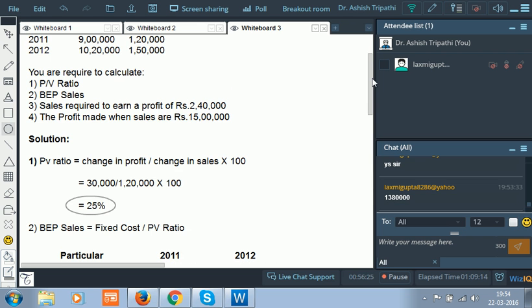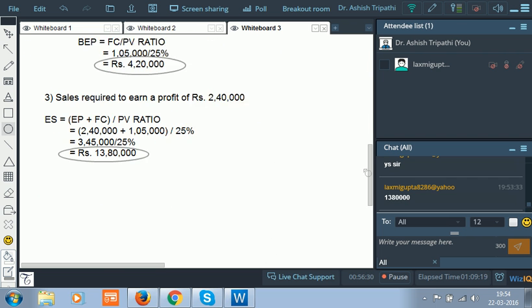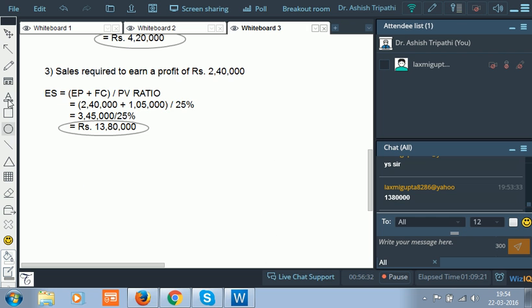So we got third answer. Now let us try to see the fourth one. Fourth में वो लोग ने पूछा है the profit made when sales are rupees 15 lakhs. So in same formula we'll have to apply and we'll have to calculate profit. So let us do that.